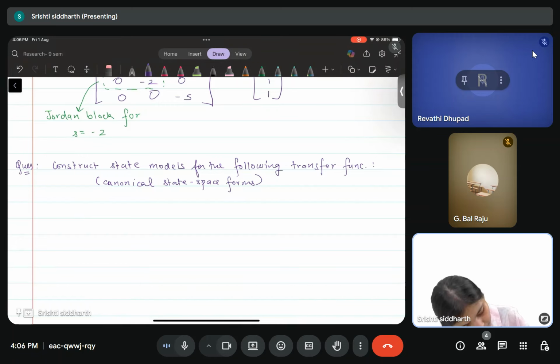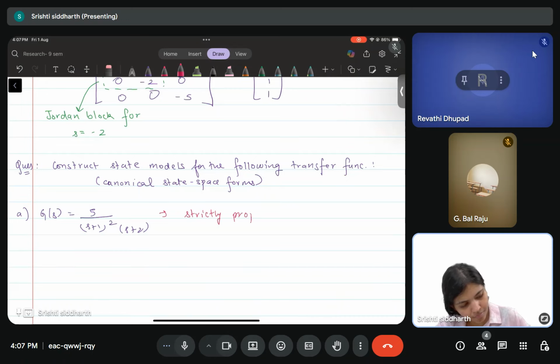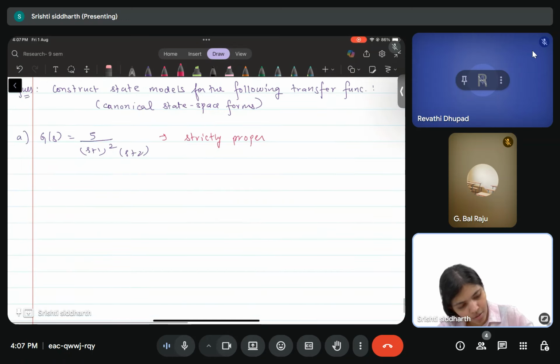So let's look at the first part. The transfer function is 5 over (s plus 1) squared, (s plus 2). So this is again the case for repeated eigenvalues. This is strictly proper. This is already in factored form, so A is simply minus 1, 2.